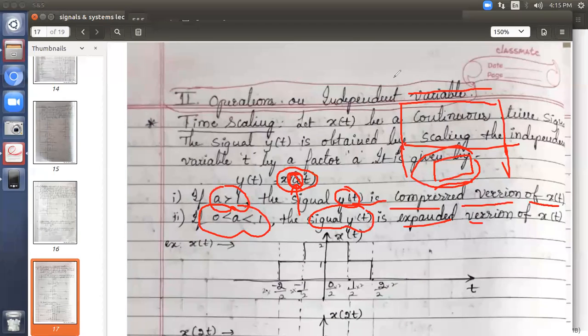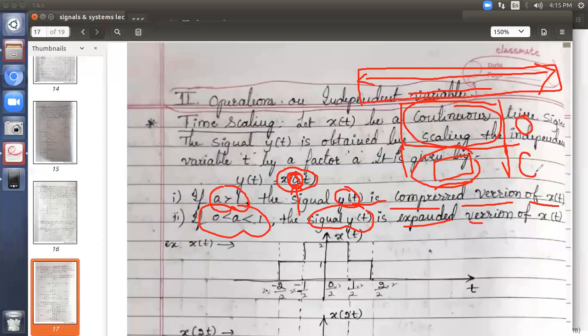So this is your expanded signal, the range is now expanded. Remember, this is your original signal, this is your compressed version, this is your expanded version. This is the theory behind time scaling, how the time scaling is performed.